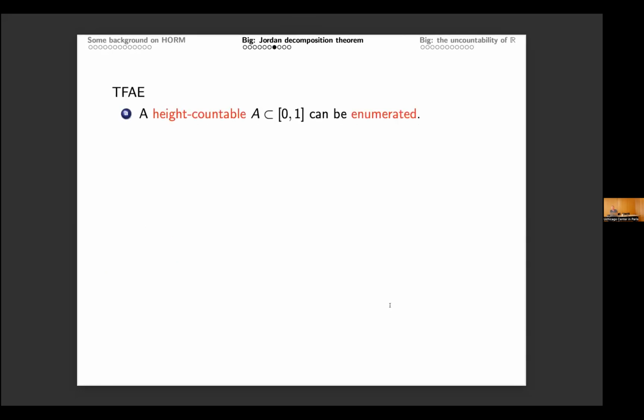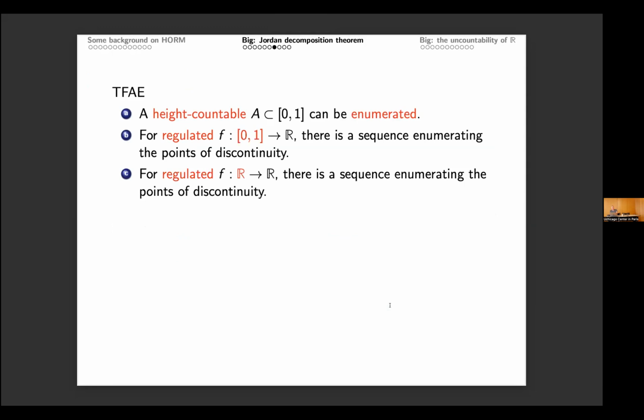So the following are equivalent over, say, arithmetical comprehension. A height countable set can be enumerated. Well, of course, it's countable, so there's a sequence for it. And this is the same as, for regulated functions, enumerating the points of discontinuity.